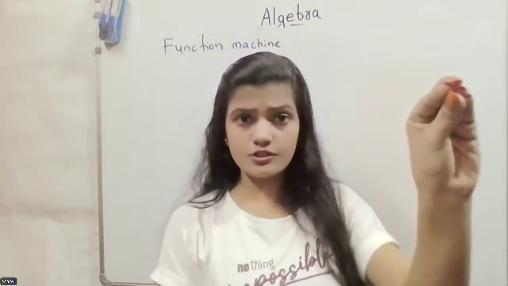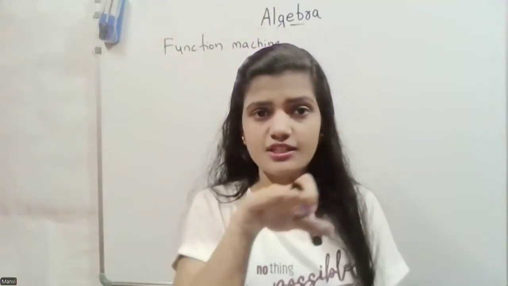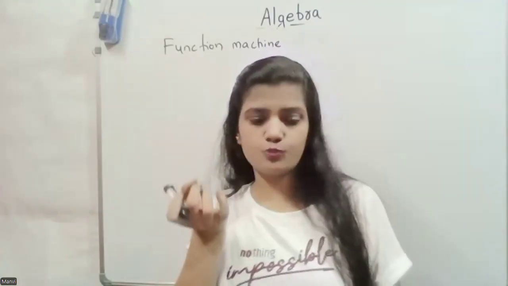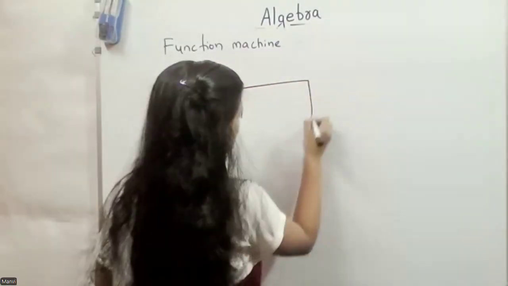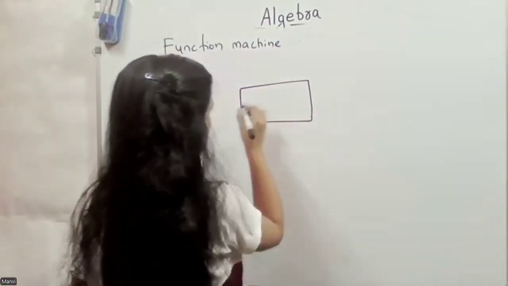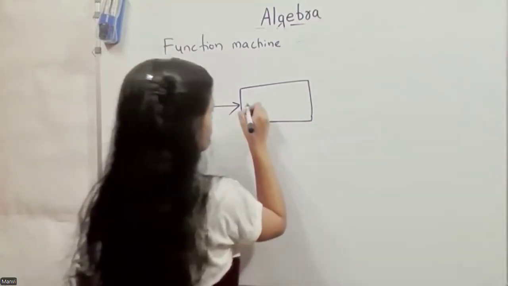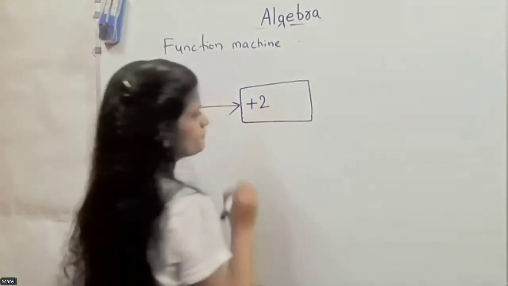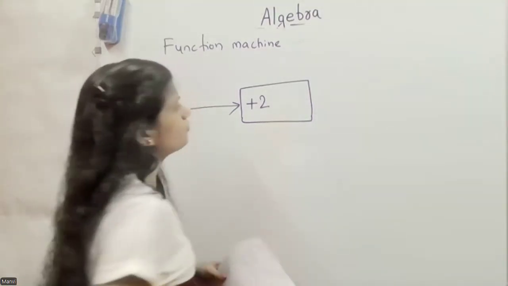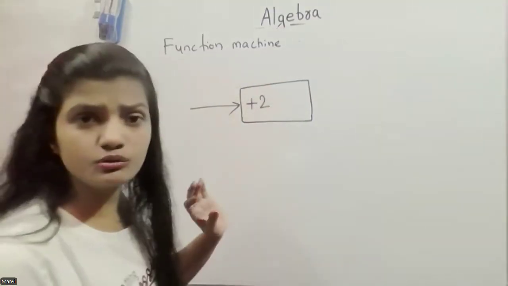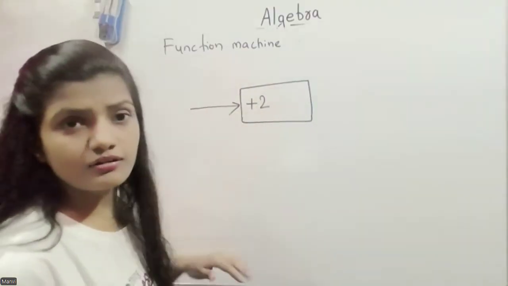We are putting in some input, some rule is applied inside the function machine, and then we are getting some output. For example, whatever number goes inside, this machine first adds 2, and maybe this machine applies 2 or 3 different logics inside.